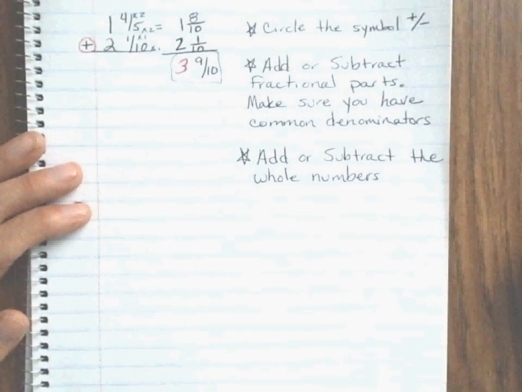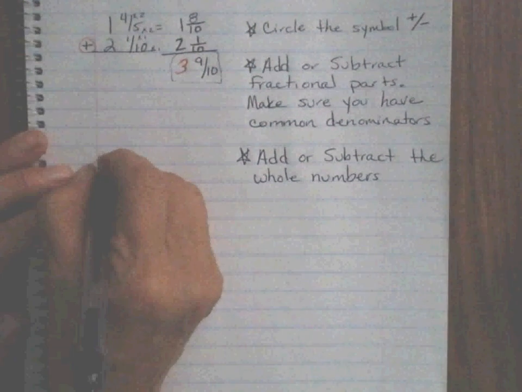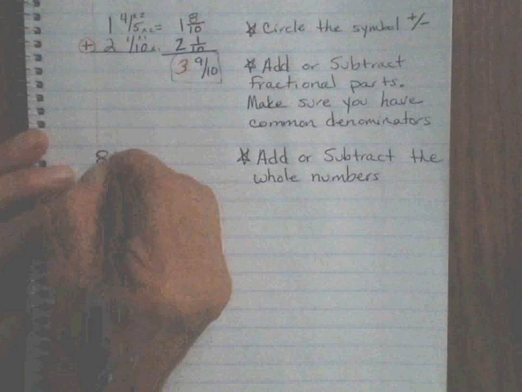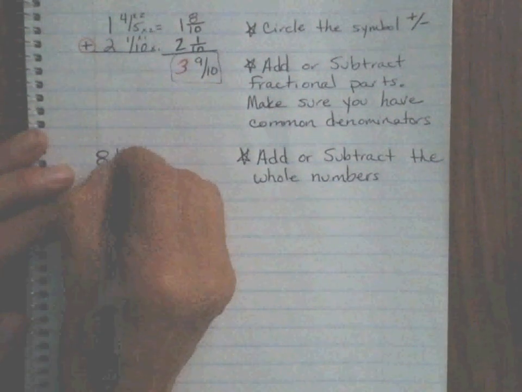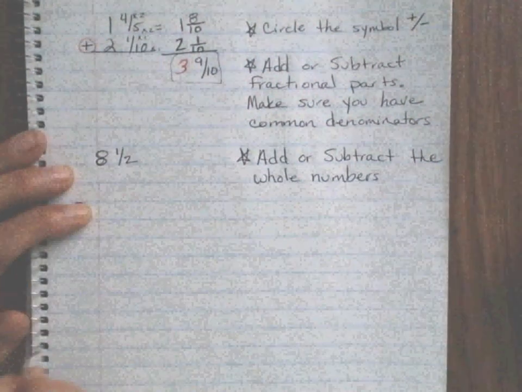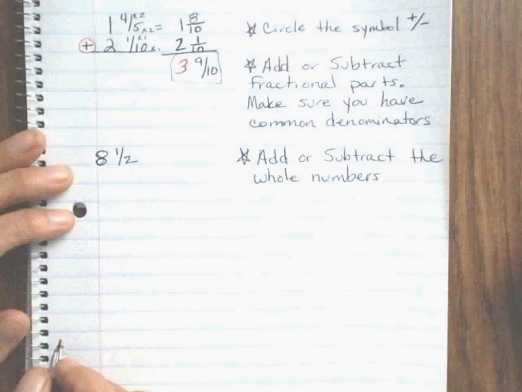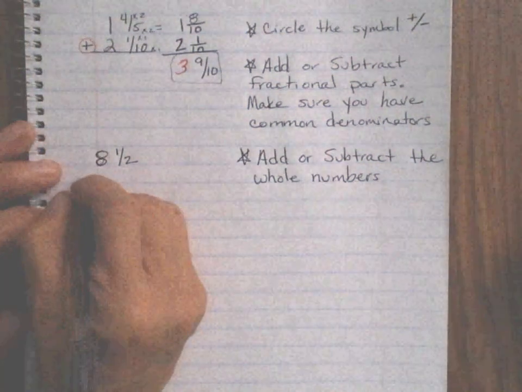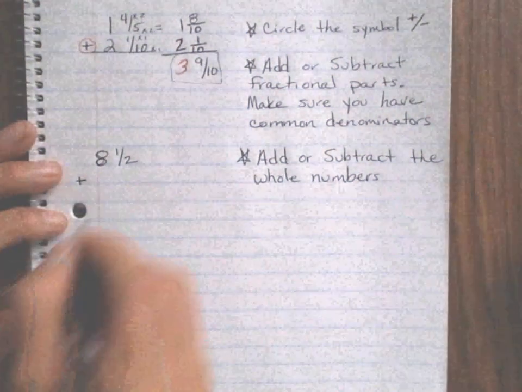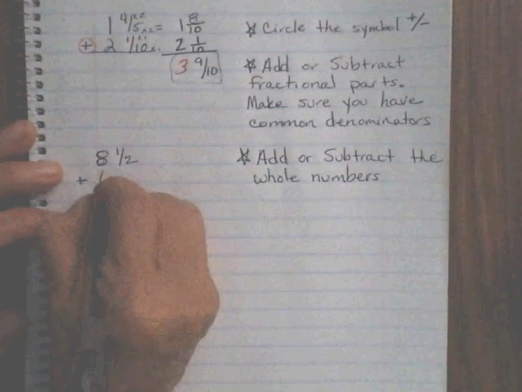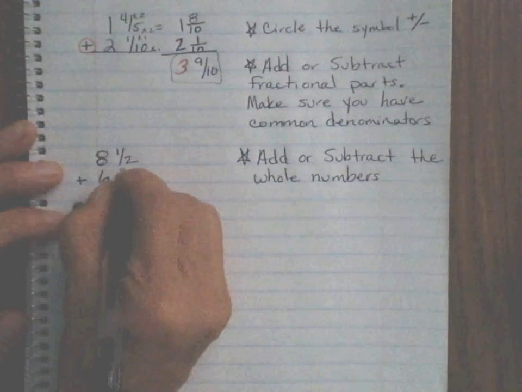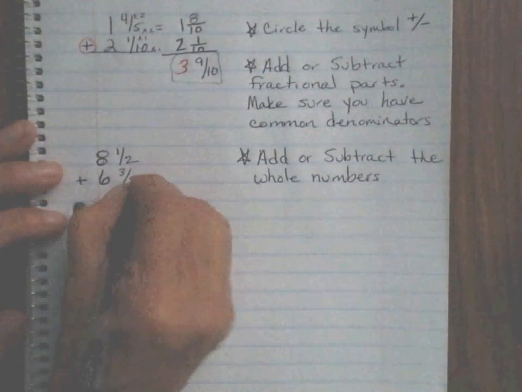Now let's try another one. Let's try 8 1/2 plus 6 3/5.